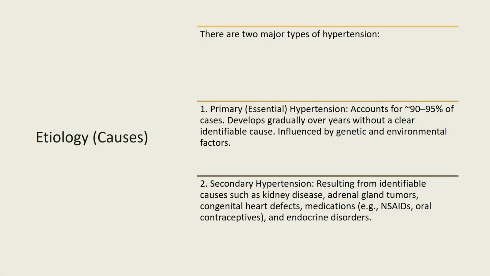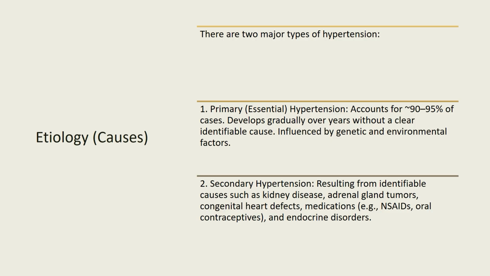There are two major types of hypertension by etiology. Primary or essential hypertension accounts for 90 to 95% of cases, develops gradually over years without a clear identifiable cause, and is influenced by genetic and environmental factors.